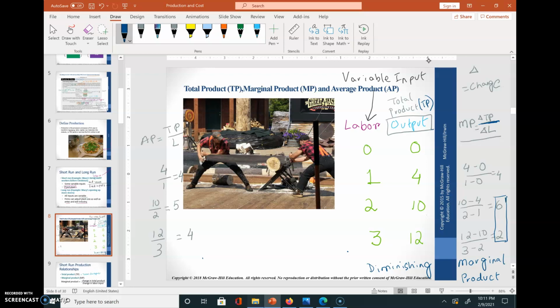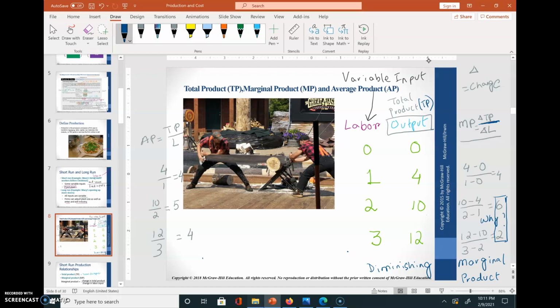And as we can see here, the marginal product goes down after the second worker is hired. This is called the concept of diminishing marginal product. And why does this go down? This is something we will explain in the next slide.